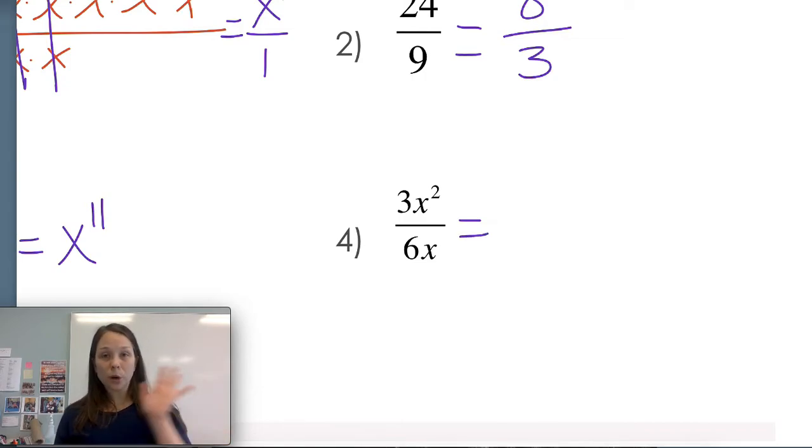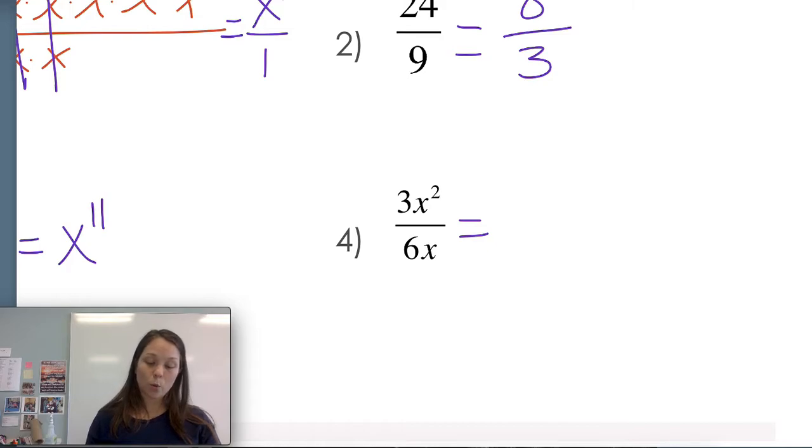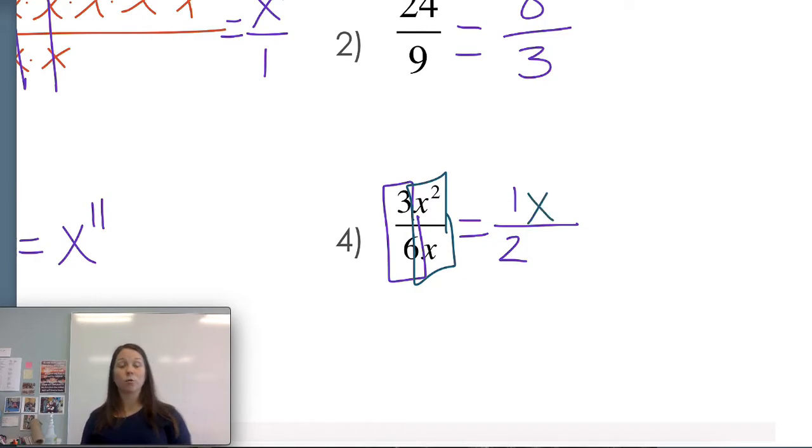Combining numbers 1 and 2 from this warm-up, I have 3x squared divided by 6. Well, the 3 divided by 6 reduces to 1 over 2. Now if we focus our attention on the second part, x squared over x is going to reduce to just x, because originally there were 2 x's being multiplied together in the numerator, but the denominator says we divide out one of those x's, so we're just left with x.